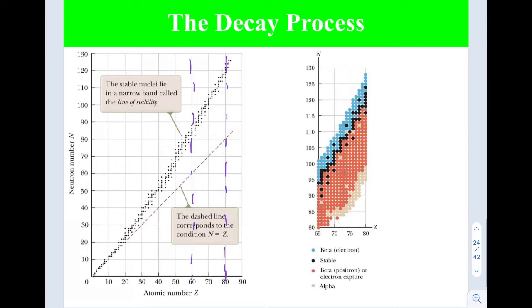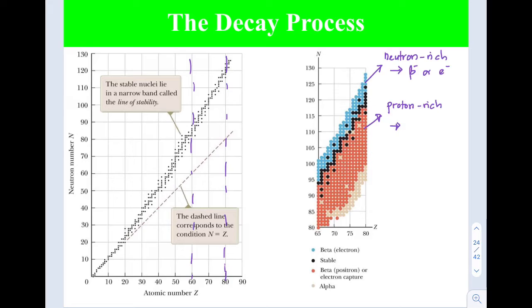Why is this happening? Because the blue color nuclei here are neutron rich. That is why they tend to release beta, right? The orange color nuclei here are proton rich nuclei.